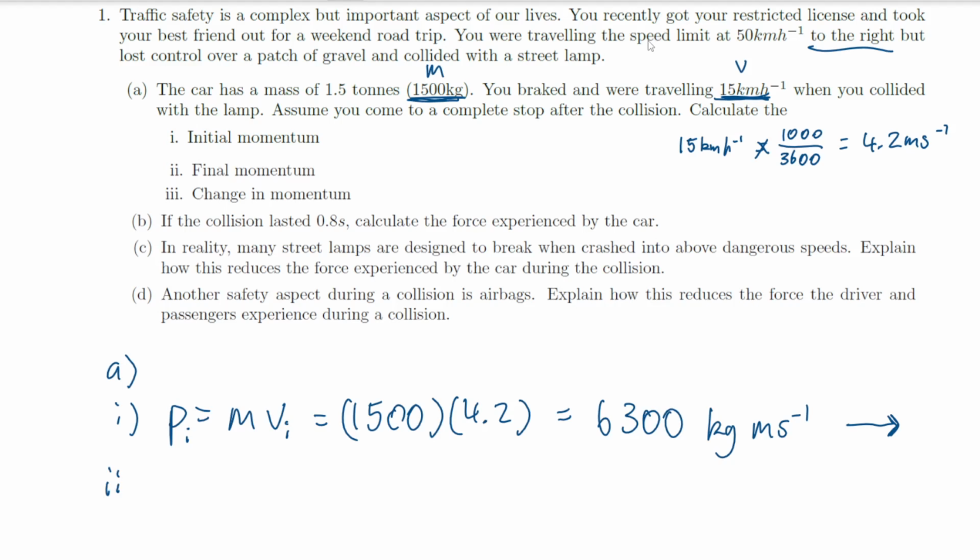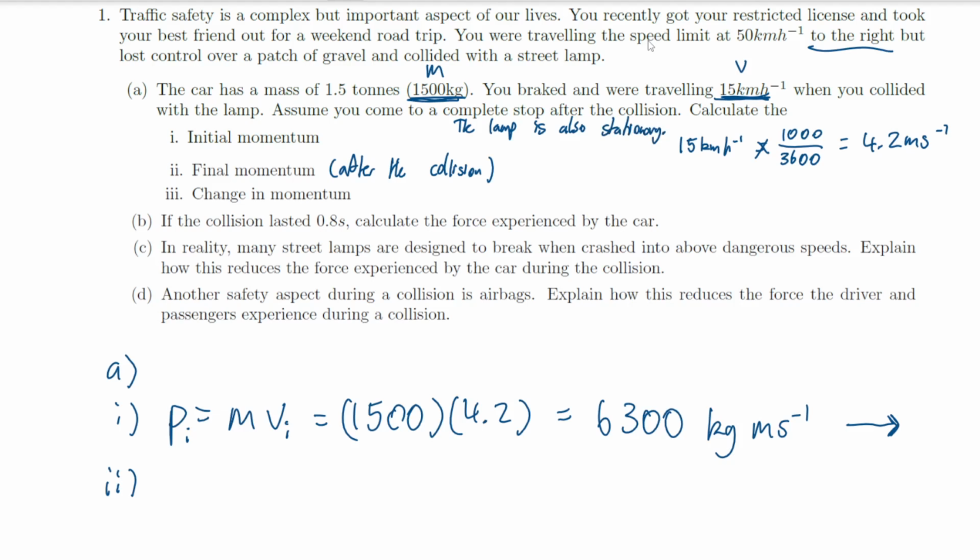Part 2. So after the collision, what's going to happen? Well, we can assume you come to a complete stop. In other words, your new velocity is 0. What about the lamp? It's not given exactly. I'll probably reword this question to say the lamp is also stationary, and you'll have that in your question.